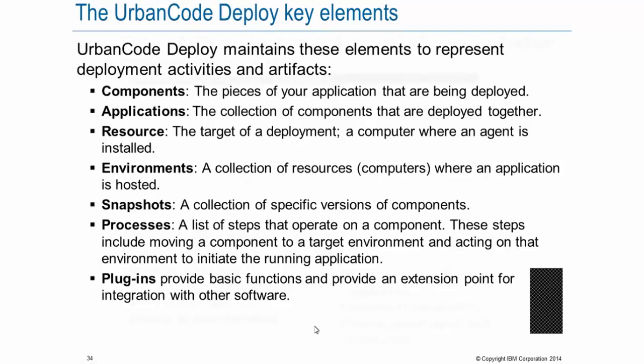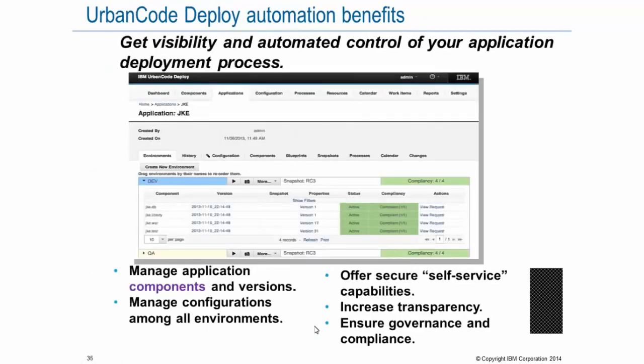So some of the benefits of UrbanCode Deploy: the automation, and you get visibility of this automated control of the application process. You're able to manage your applications and components. You can also manage configurations, so all the environments. In the display here, we have an environment called dev and a QA.